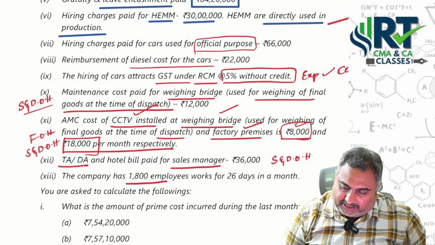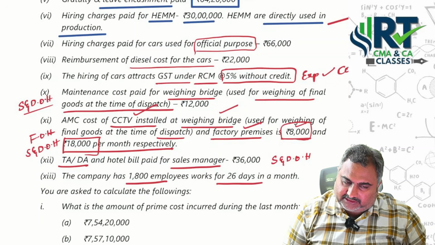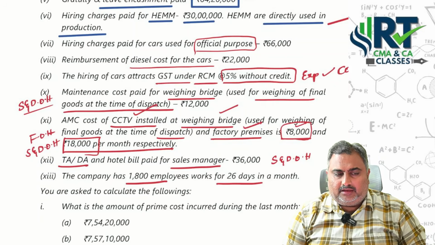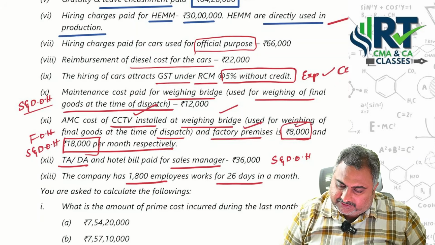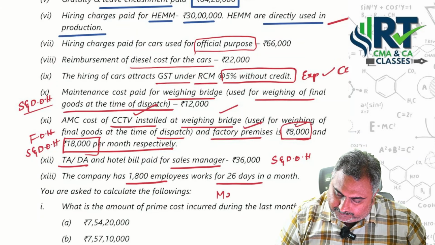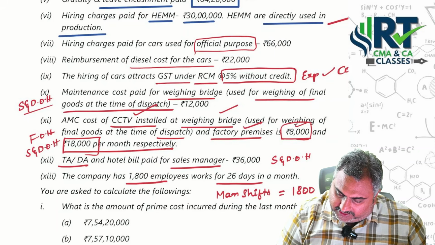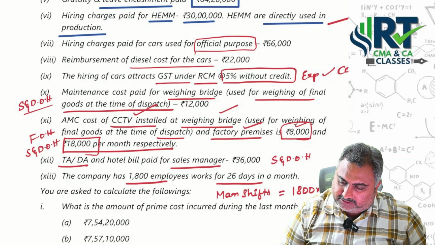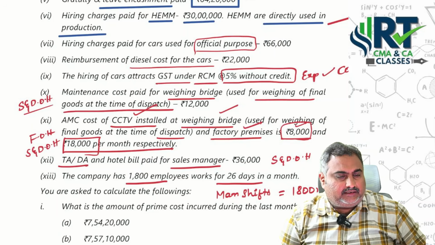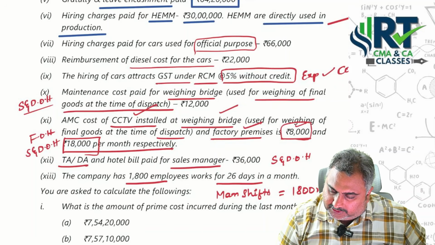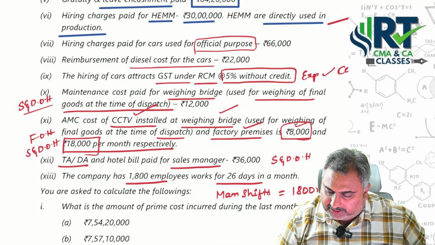The company has 1,800 employees and 26 days in a month. If you understand the question, what is the total man shifts here? 1,800 employees into 26 days each month point of view. 1,800 into 26, that is equal to 46,800 man shifts.